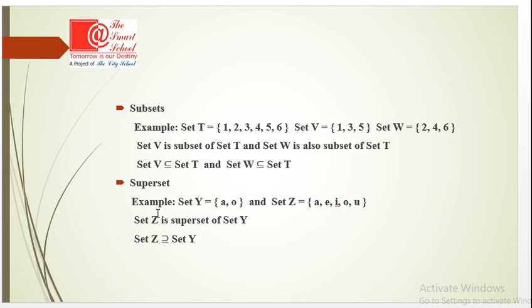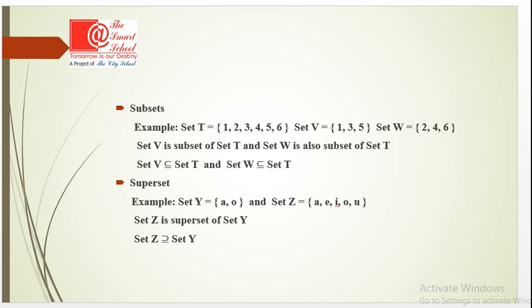For example, set Y has elements A and O, and set Z has elements A, E, I, O, U. So set Z is a superset of set Y, and we write it as set Z is a superset of set Y. As I told you that superset is the opposite of subset, so this symbol is also opposite. This is the symbol of subset and this is the symbol of superset, which is opposite.